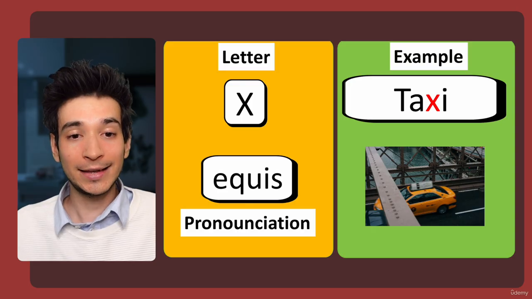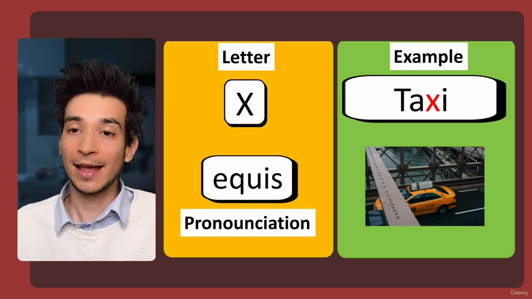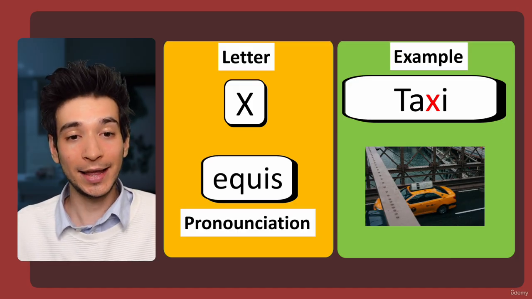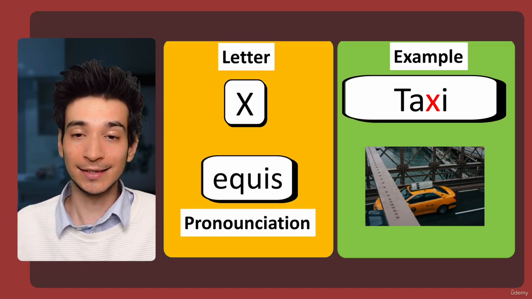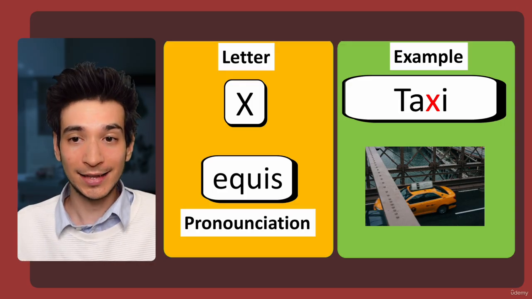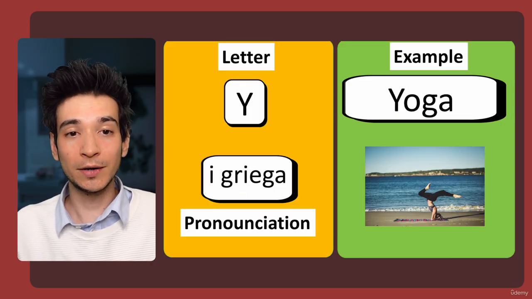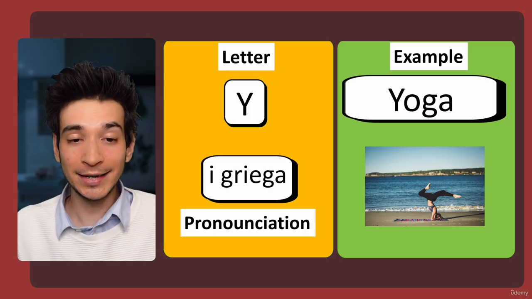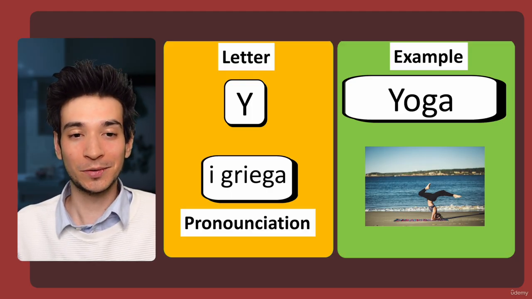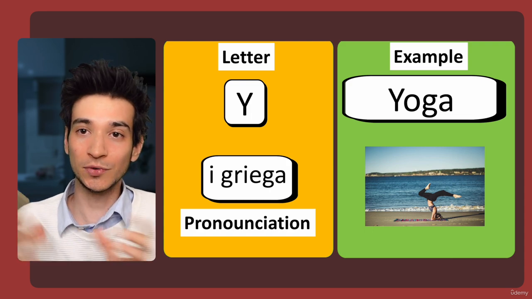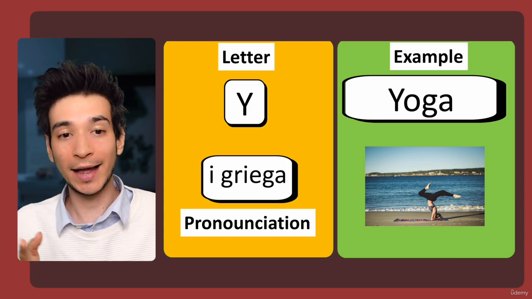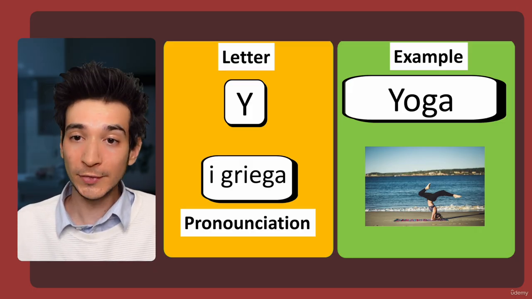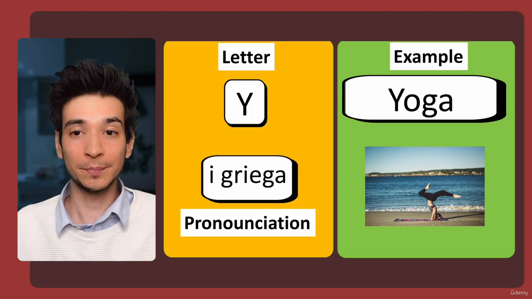X. An example is taxi. Taxi. So it sounds like X. And this one we say Y, which sounds like Greek I. Griega means it comes from Greece, a Greek I. For example, yoga.